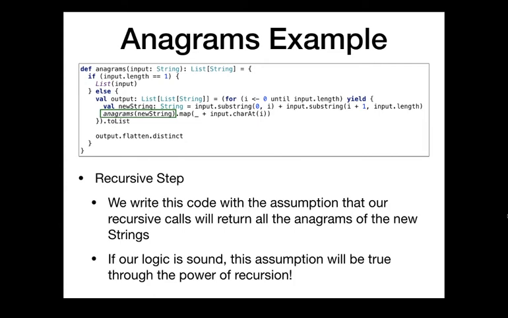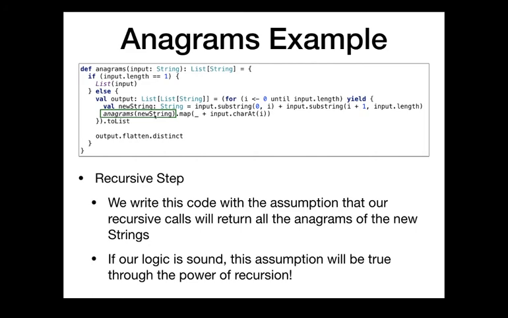So I give Anagrams, the method that I'm currently writing, a string, and I'm just going to assume that it is going to return all the anagrams of that string, and work all my logic based around that assumption. So if this does return all the anagrams of that string, then I'm going to append the character that I'm currently considering to the end of each one of those strings, and then add those to my final solution set.